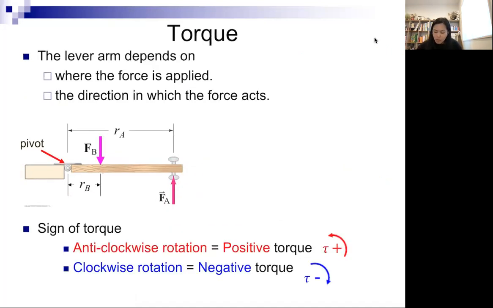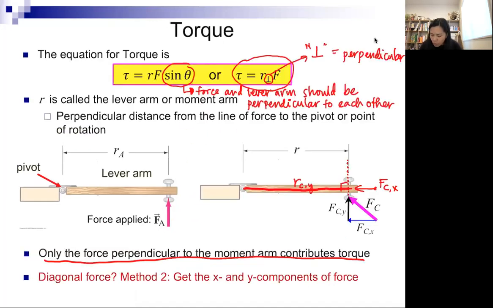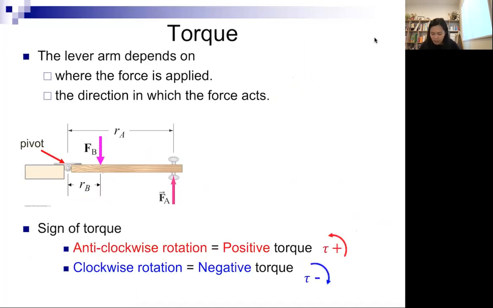So it depends on where the force is applied, and also on the direction in which the force acts. When the force is perpendicular to the object that rotates, you have a different lever arm compared to when your force is diagonal relative to the object that rotates.